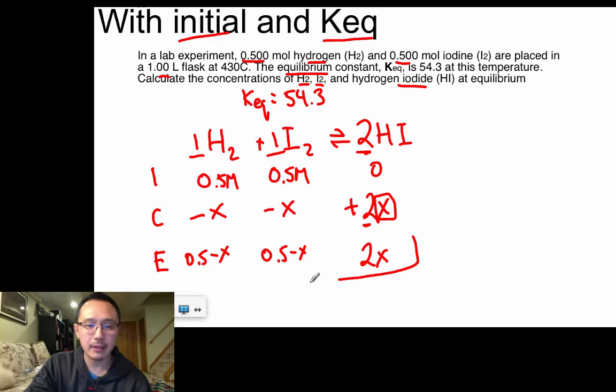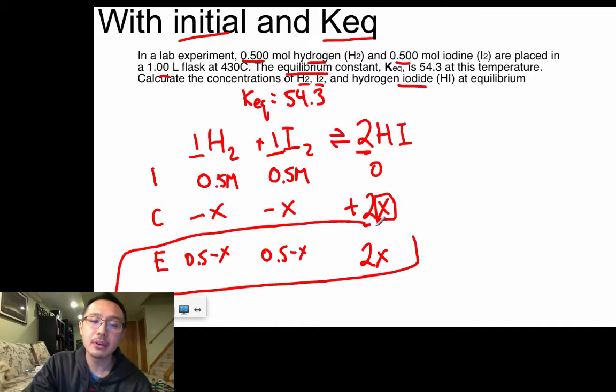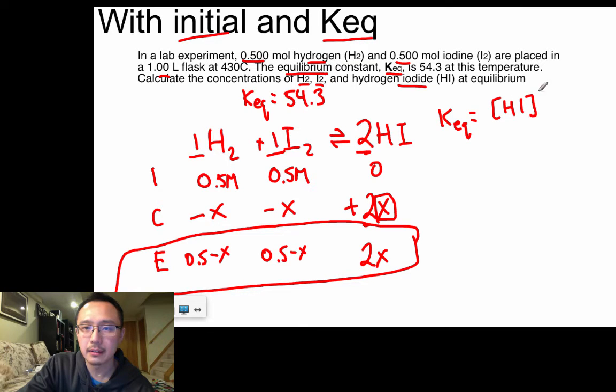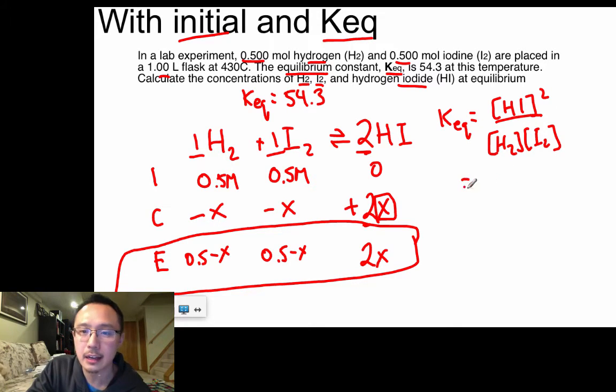So now we have established our equilibrium even though we don't have the numbers. The good thing is that we have our KEQ number. KEQ is equal to HI squared divided by H2 times I2. That's my law of mass action expression.